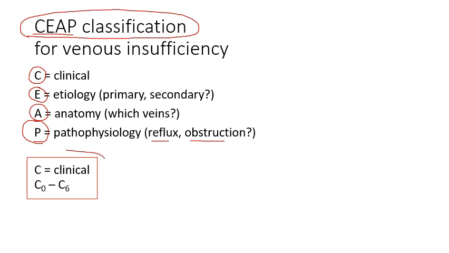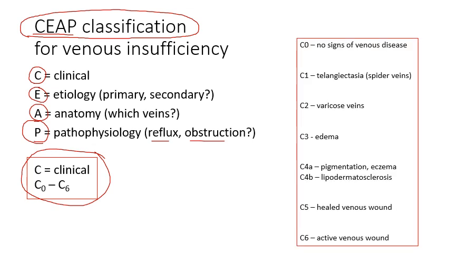We tend to focus on C, the clinical picture, and this is how we classify from 0 to 6, with 0 being no signs of venous disease at all. C1 is when you have these spider veins or telangiectasia. C2 is commonly the reason why a patient might go to see a doctor, because they notice these varicose veins, these dilated veins due to leaky valves.